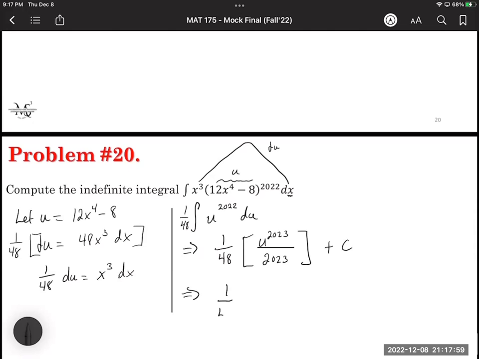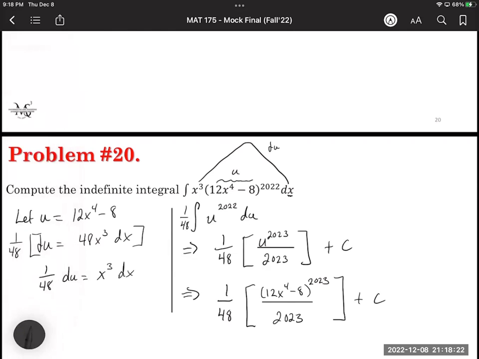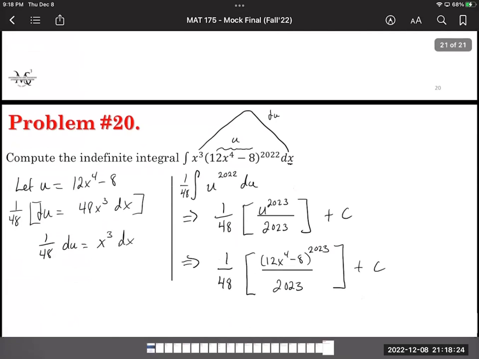So it's 1 over 48 times, in parentheses, 12x to the fourth minus 8, raised to the power of 2023, divided by 2023, plus c, that arbitrary constant. And that will be it, everyone.